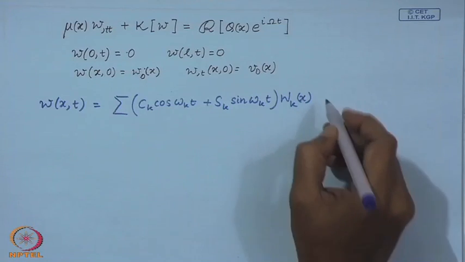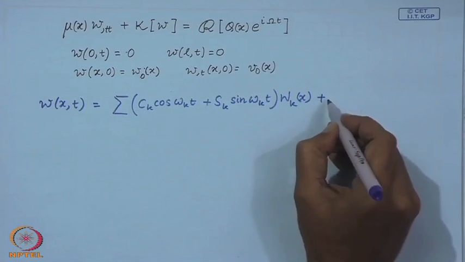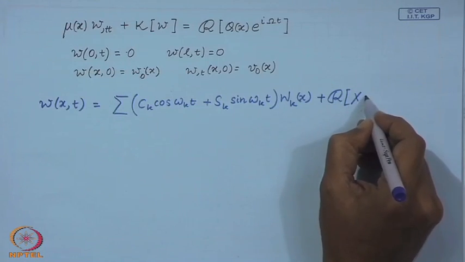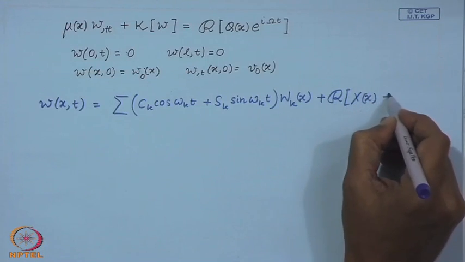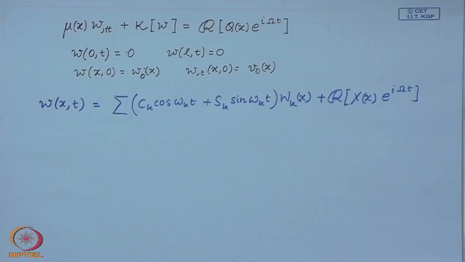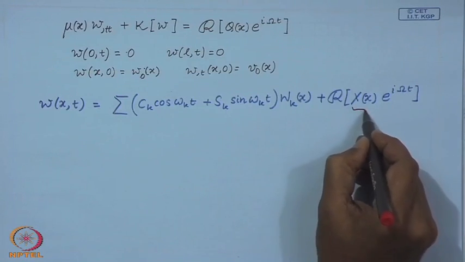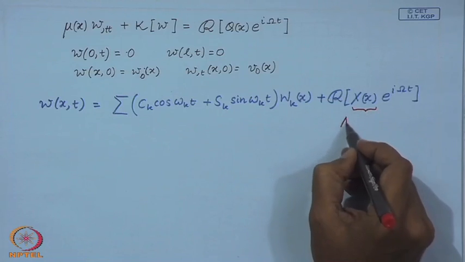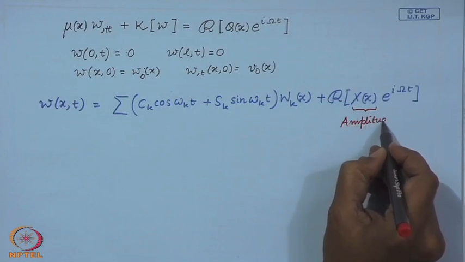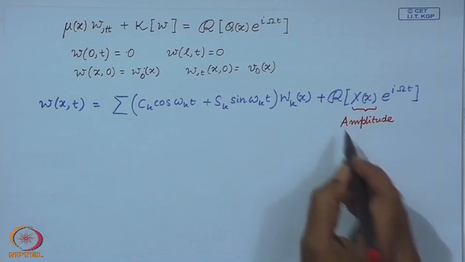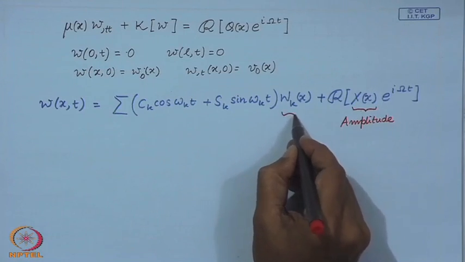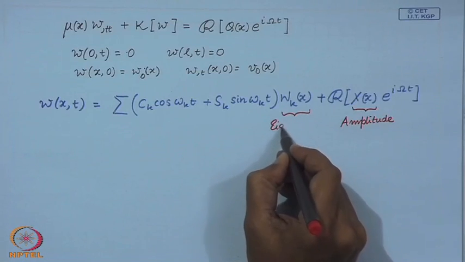And so, this was the homogeneous solution, and along with that we have the particular solution, where this capital X is the amplitude function of the particular solution, and these are the eigenfunctions.